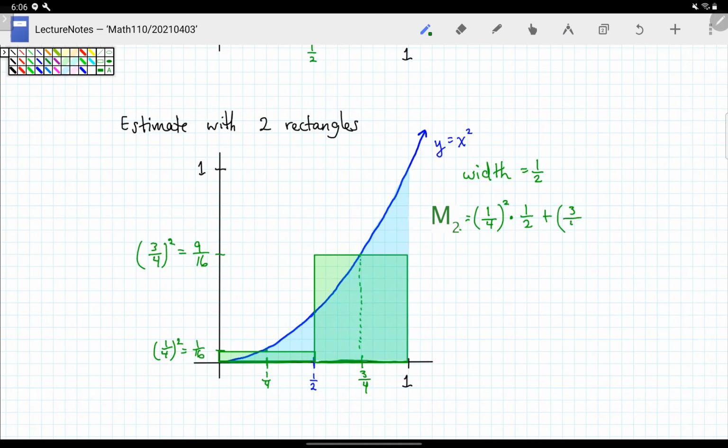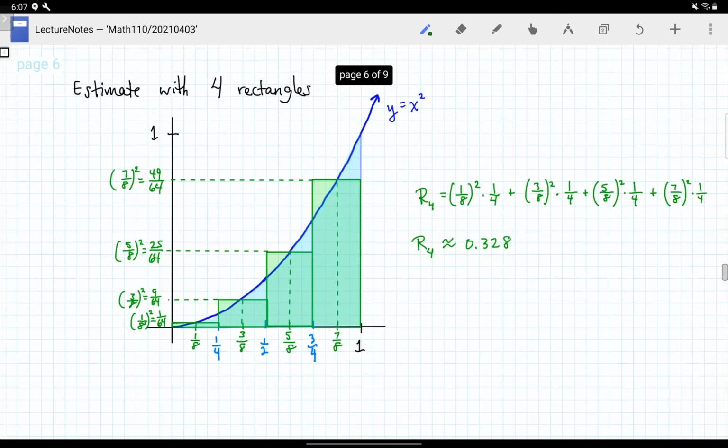I'm inputting the midpoint of that subinterval. And then the width is 1/2. And that is approximately 0.313. And again, each rectangle in this case has a little bit of extra stuff, and it's missing some stuff.